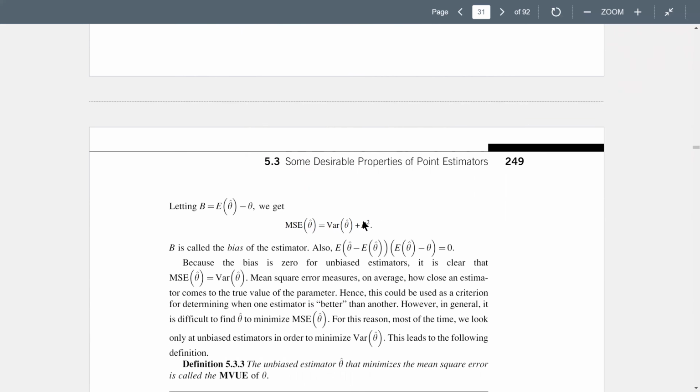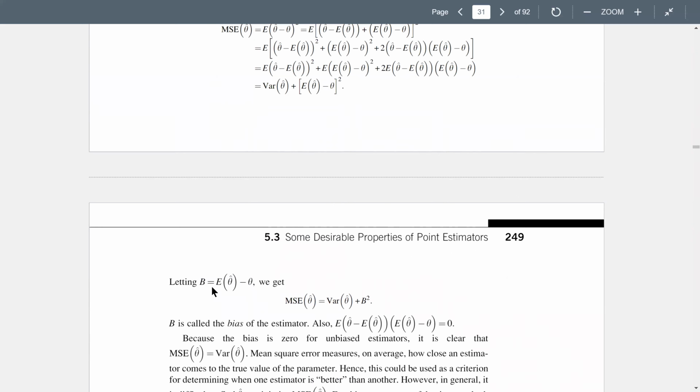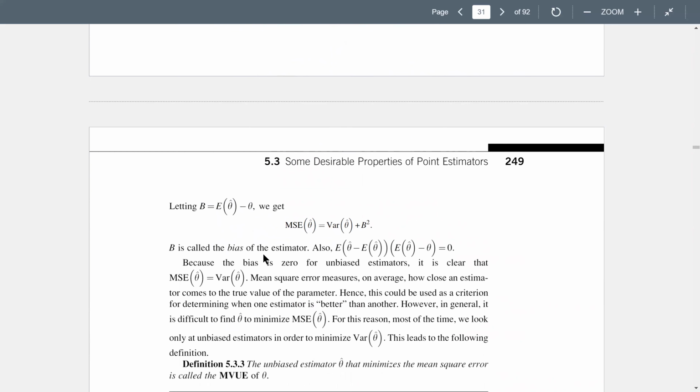Then if we let B be that, as we've seen previously, we also see that MSE is that. So rearrange it, then you can see MSE of theta hat equals variance plus B squared.